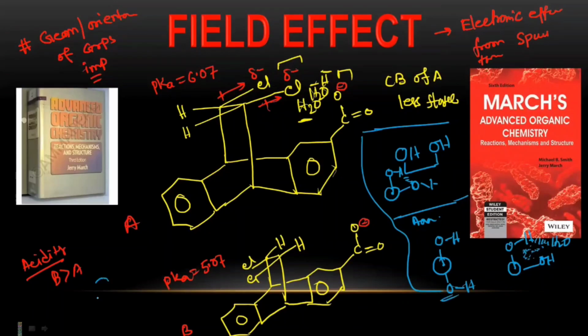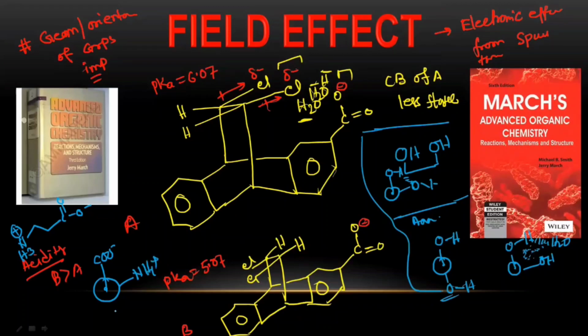Another kind of system you can see, for example, a molecule having C double bond O minus, and here NH3 plus. If we want to draw the conformer of this molecule, then we will have C double bond O minus and NH3 plus.